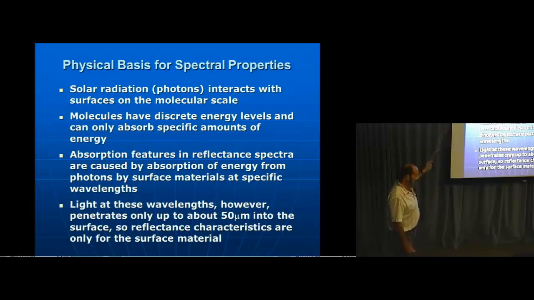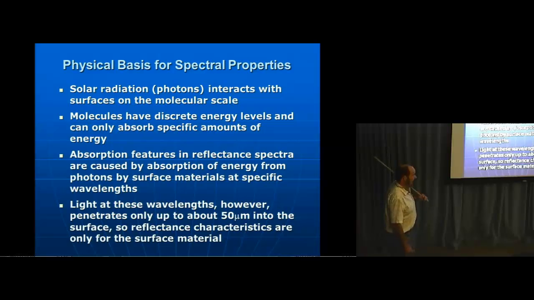The absorption of the energy by the molecules is what causes these features, so it's absorbed selectively by the molecules, and it makes the molecules move and stretch and bend in ways I'll talk about in a minute, and that energy then is not returned in the reflectance signature.